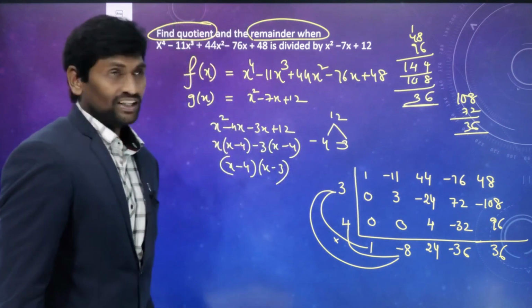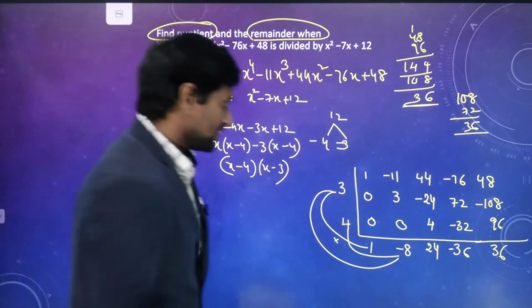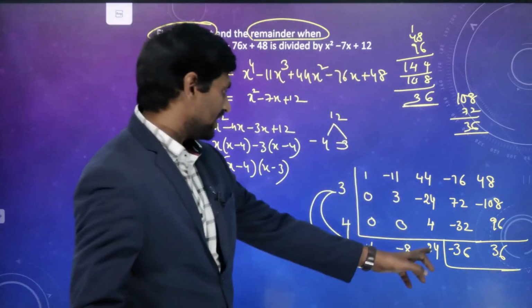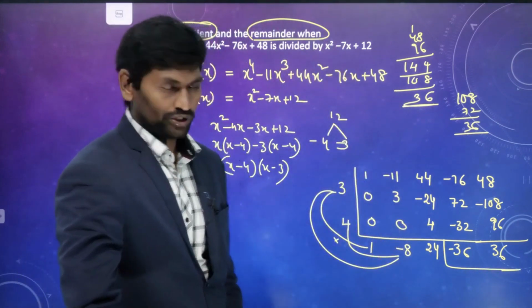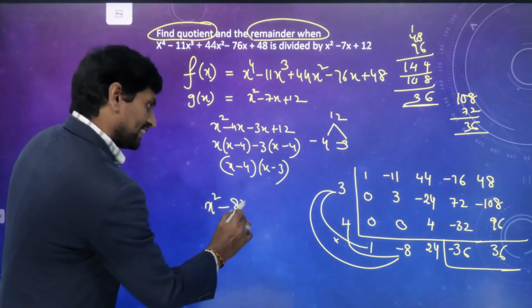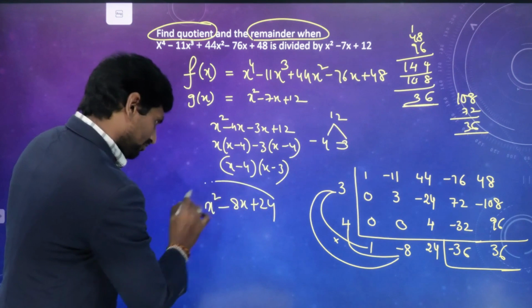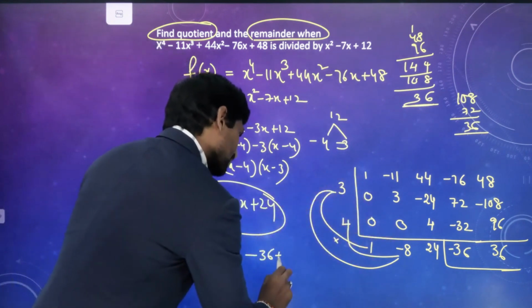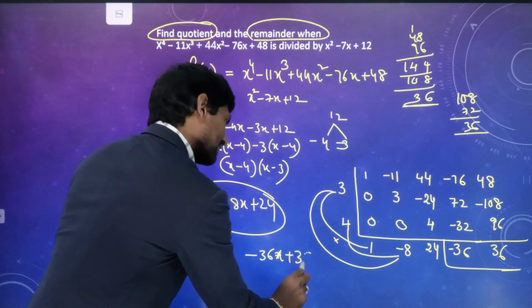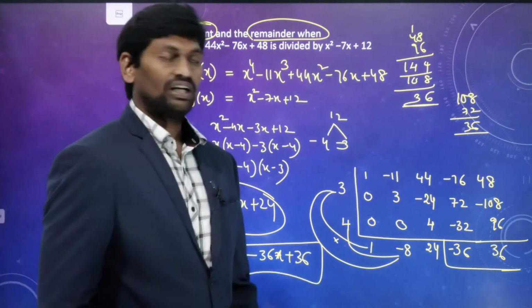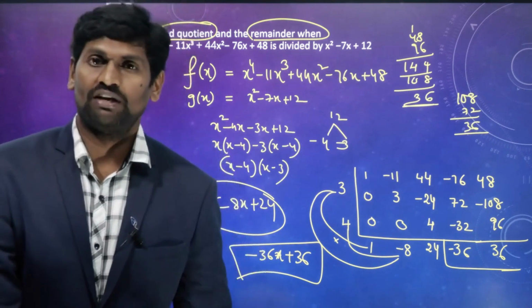Now we are applying the two solutions together. So the last two must be the remainder and the remaining will be the quotient. So x square minus 8x plus 24 will be the quotient, and the remainder is minus 36x plus 36. This is the remainder. Okay. That's it for today, children. Thank you all. Have a nice day. Bye bye.